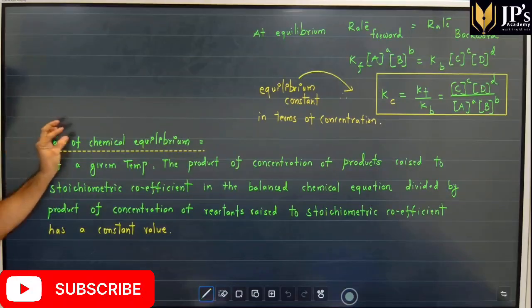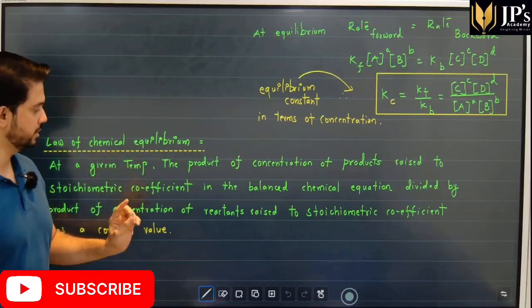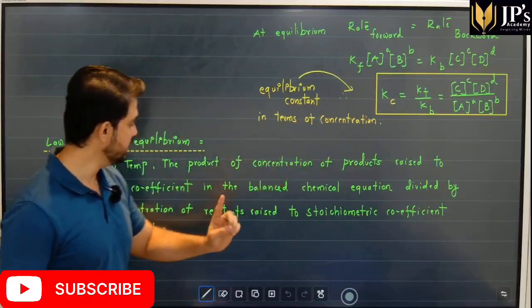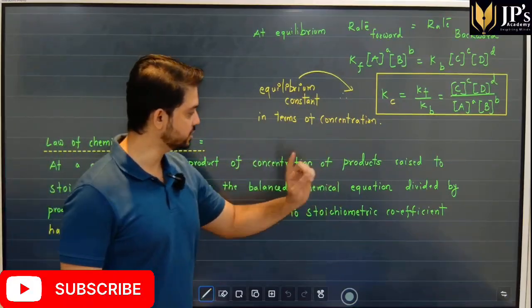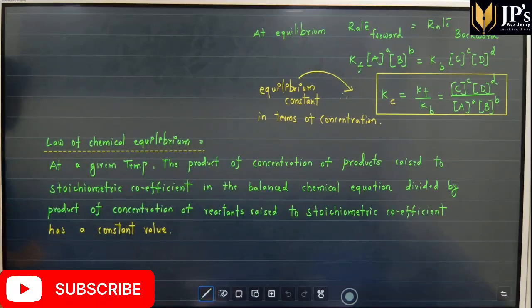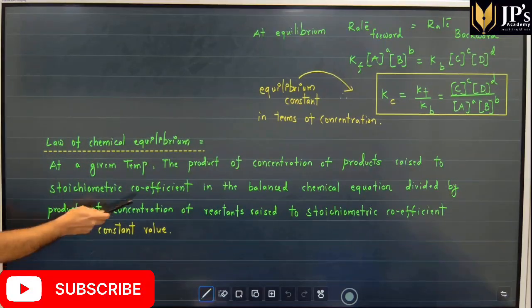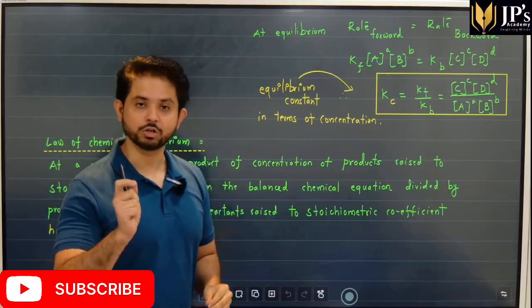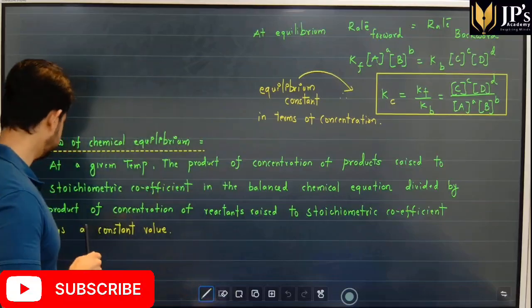So the law of chemical equilibrium says that at a given temperature, Kc is the product of the concentrations of products raised to their stoichiometric coefficients divided by the product of the concentrations of the reactants raised to their stoichiometric coefficients, and this has a constant value at a constant temperature.